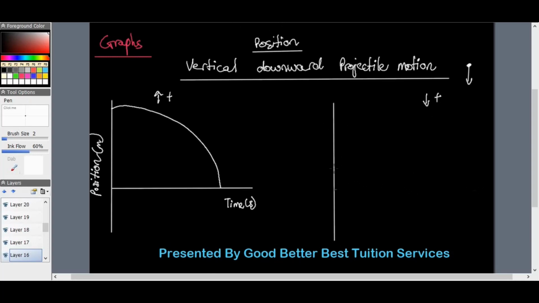You still have time in seconds, and you still have your position-time graph here. I just need to get you guys into the habit of labeling your graphs, because labeling your graphs is marks. It's the same but just now inverted.